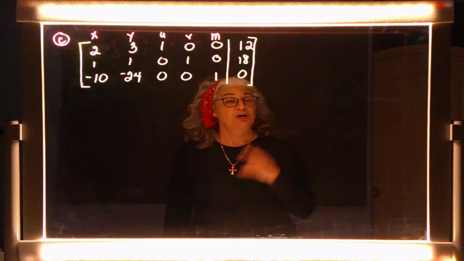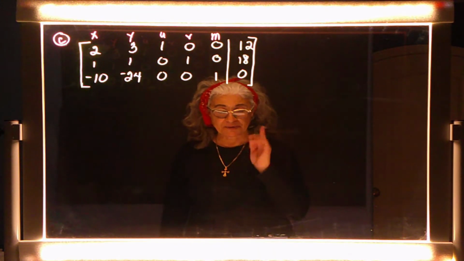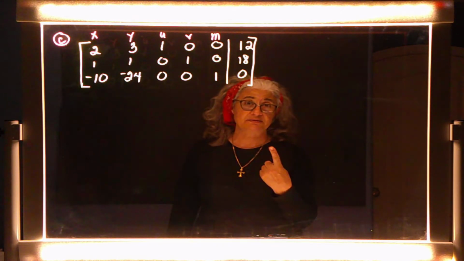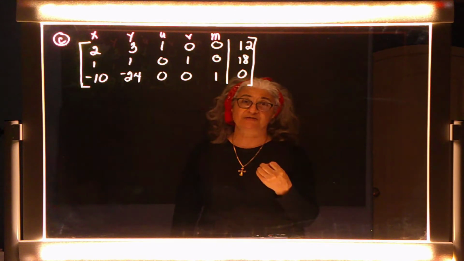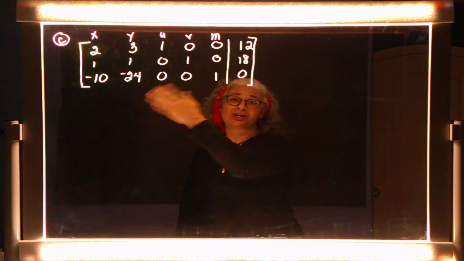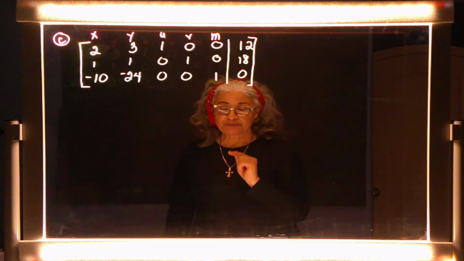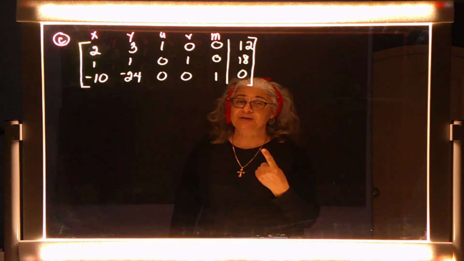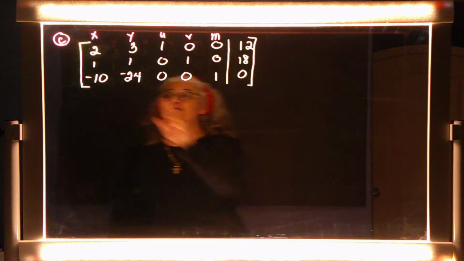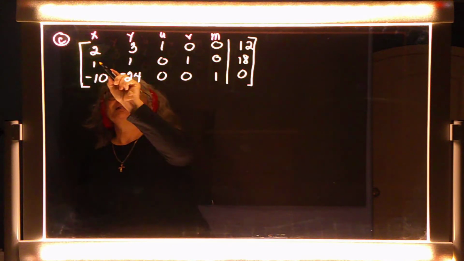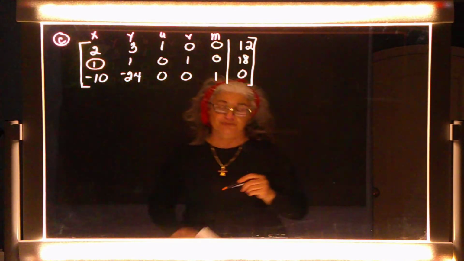So part C. Part C is asking us to pivot around the number 1, and they had to be specific. Why? Because there's a lot of 1s floating around in this tableau. So we need to pivot around the number 1 that's located in the second row, first column. This is the number I need to pivot around.